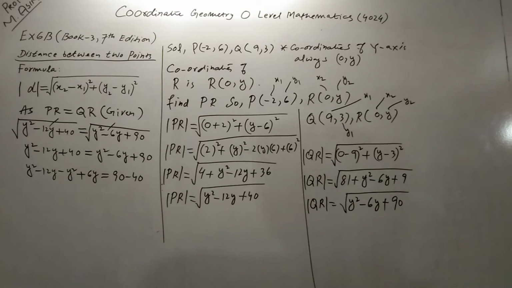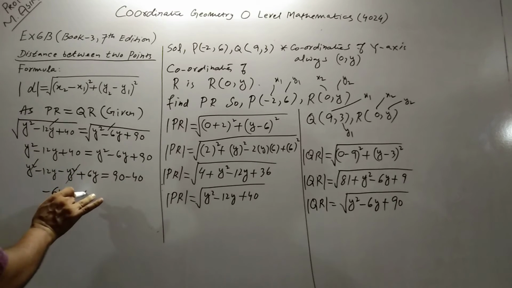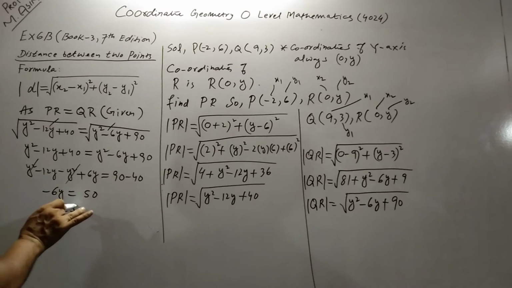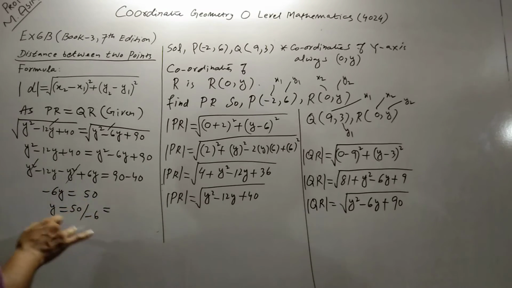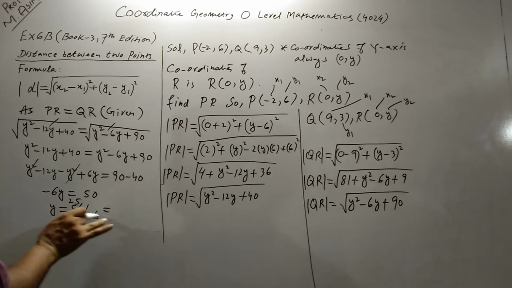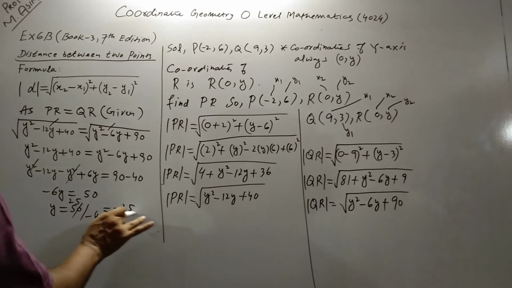This minus y square cancels this plus y square. Minus 12y plus 6y, minus 6y equals 90 minus 40, which is 50. So minus 6y equals 50. This minus 6 multiplied here should be divided. Cancel by 2: 2 25s are 50 and 2 3s are 6. So the answer is y equals minus 25 upon 3.